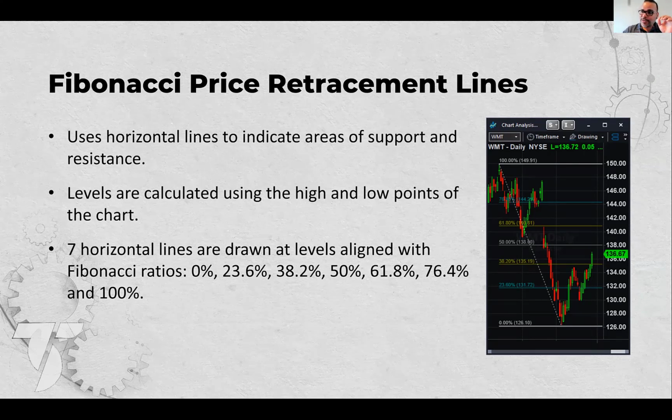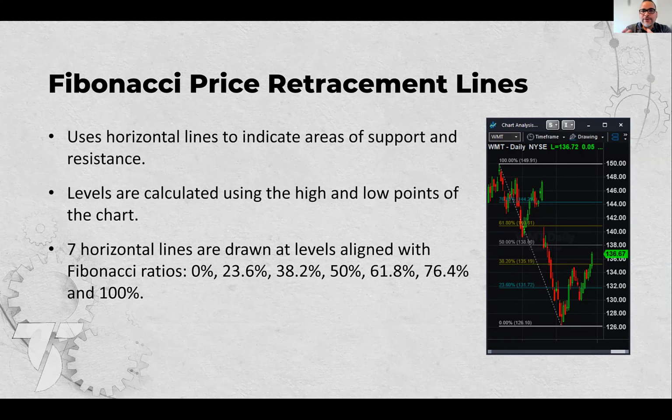Just take the numbers in the Fibonacci number sequence, divide the numbers that are next to each other, and then skip a number, and then skip two numbers, and you get exactly these percentages: 23.6, 38.2, and 61.8.